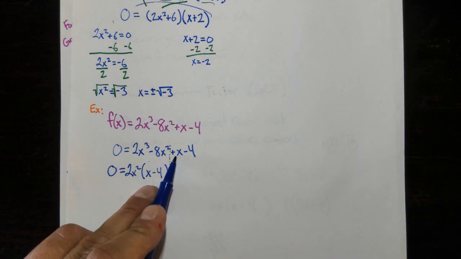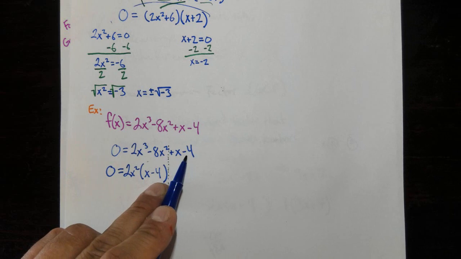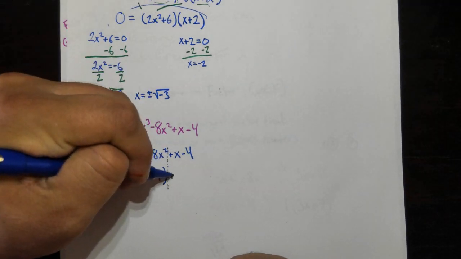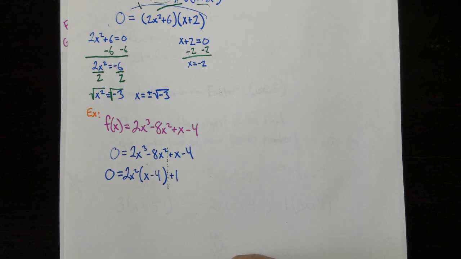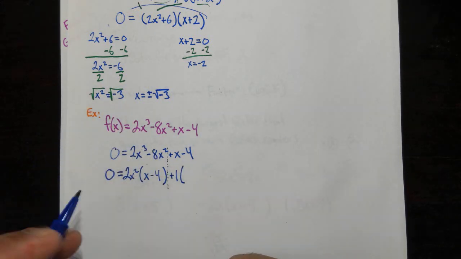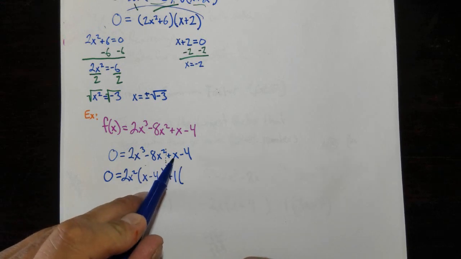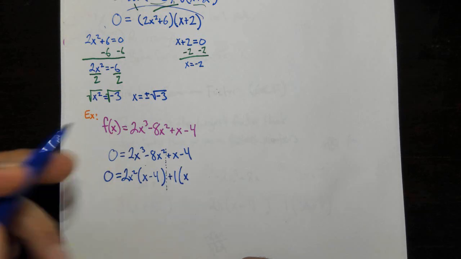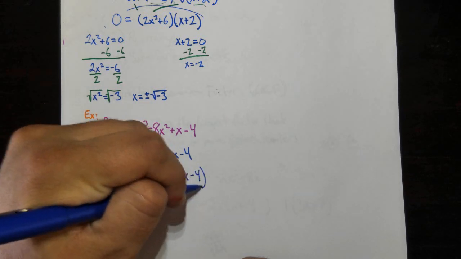So the largest number that goes between 1 and 4 is 1, and they don't have more than an x in common, so we can actually only pull out a 1. But although they have nothing in common, make sure that you do pull out a 1. That's very important to do. And then we're dividing both sides by 1, so x divided by 1 is x. Negative 4 divided by 1 is minus 4.